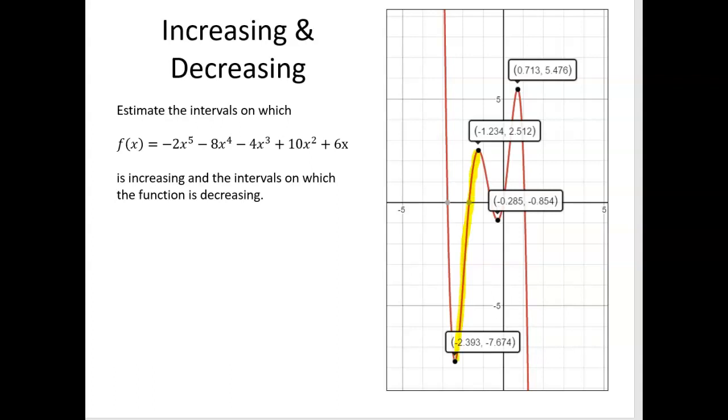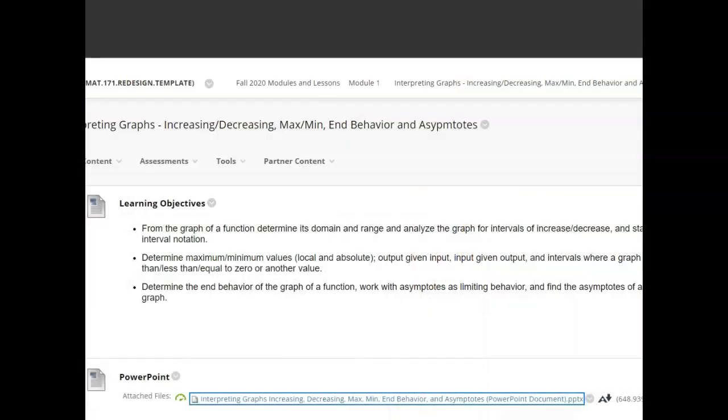Okay, think about those y values. Those y values are increasing. Okay, and then this section, those y values are increasing. But since we always read a graph from left to right, these other sections here would be decreasing, okay? So we're not going to include those on our increasing.